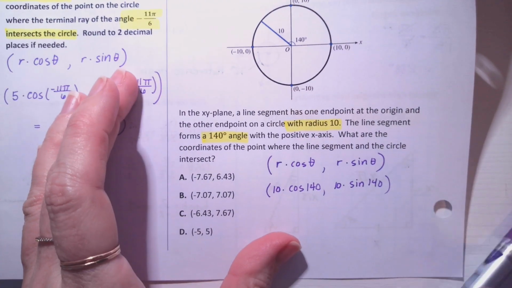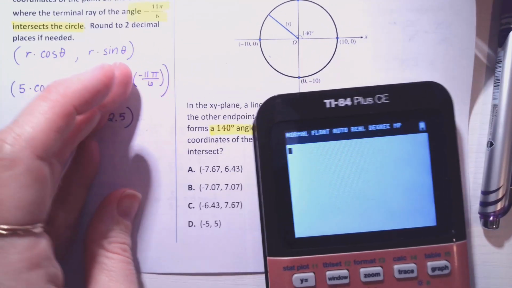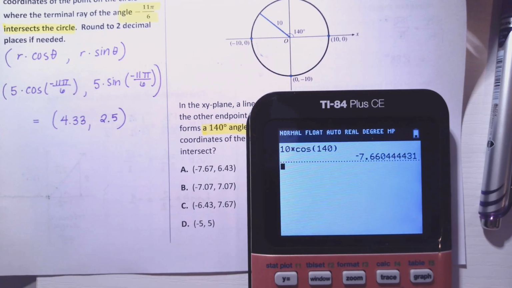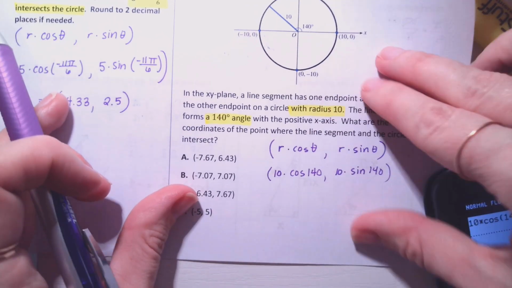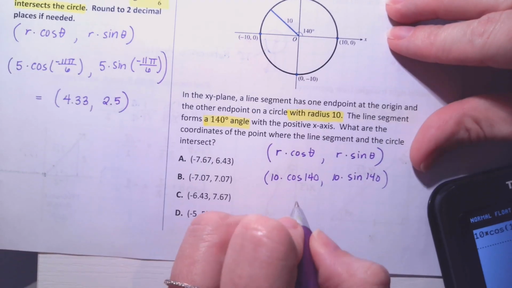Again, calculator does need to be in degrees for this one. Let's see. 10 times cosine of 140. So the first number should be negative 7.66, which I guess, oh no, close enough.